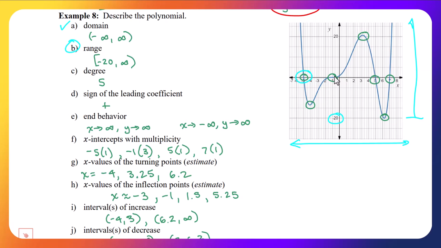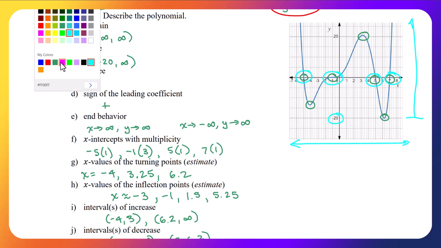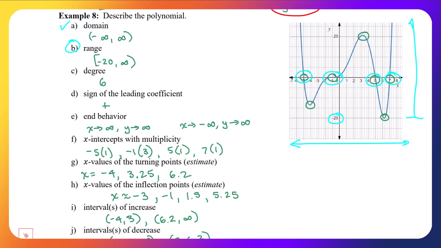Since I have 1, and then there's 3 here, that's 4, 5, 6. The degree here is, let's fix this, it's 6. Because we have multiplicities.